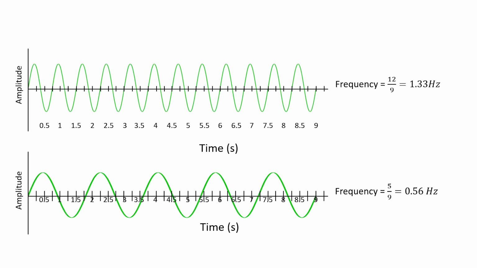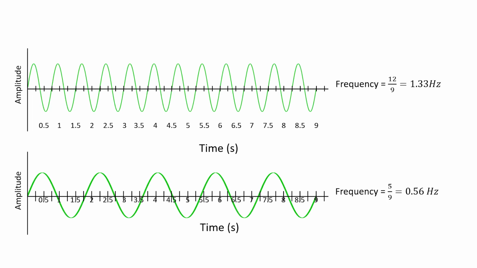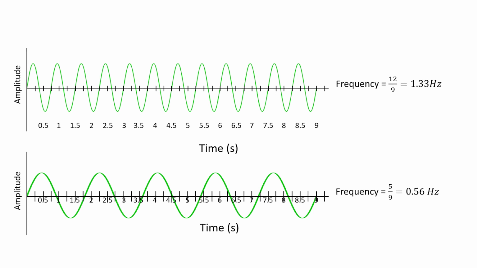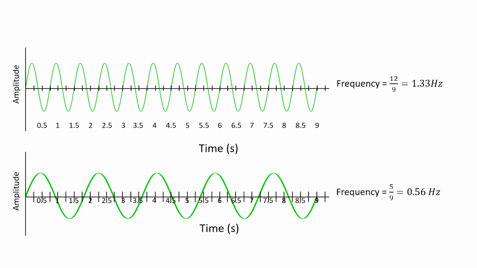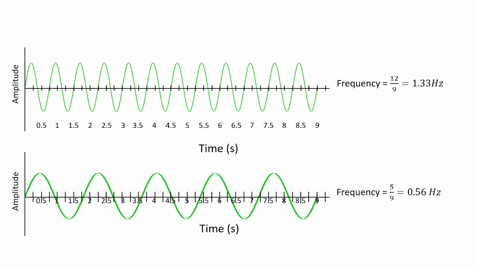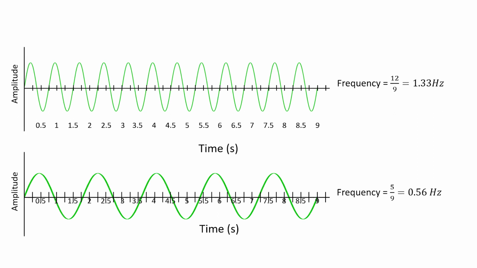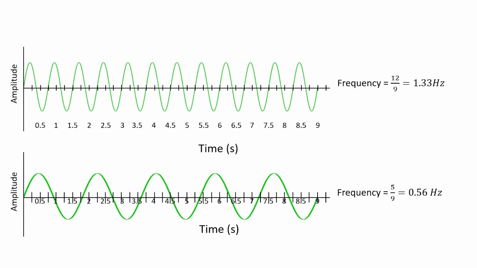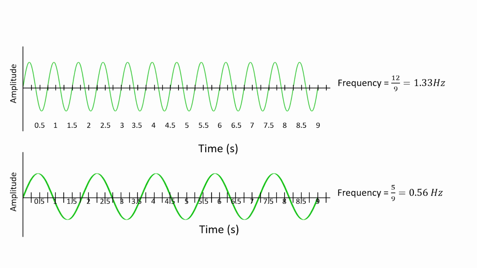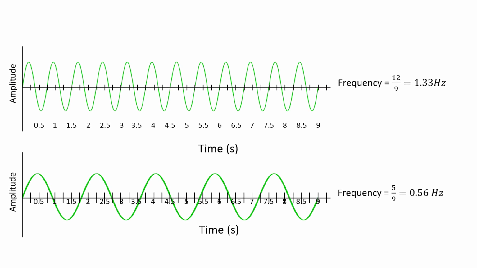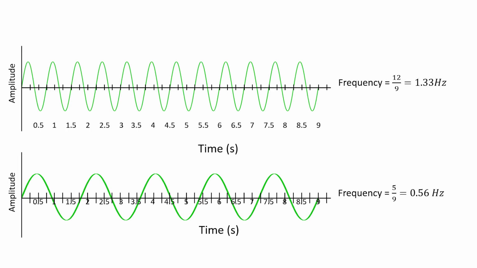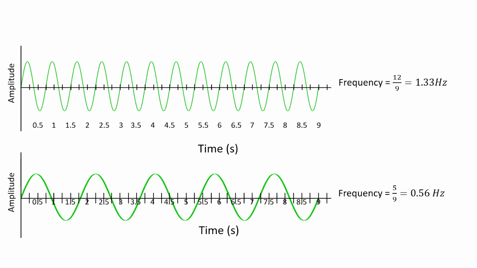The upper one has a frequency of 1.33 Hertz, while the lower one has a frequency of 0.56 Hertz. But these are waves that I have drawn to explain the idea of frequency. Let us now look at the wave patterns of some pure notes in the human audible range.